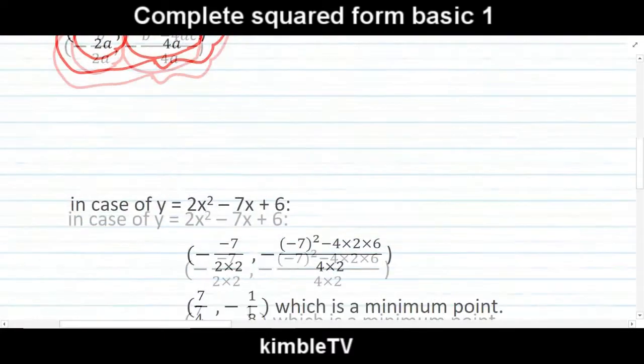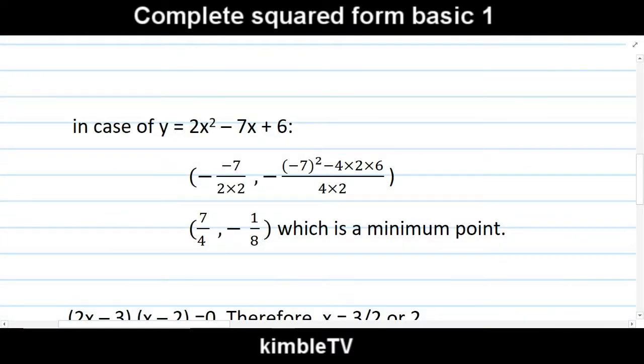For example, in the case of y equals 2x squared minus 7x plus 6, 2 is a, minus 7 is b, plus 6 is c. So I substituted these numbers into a, b, c.